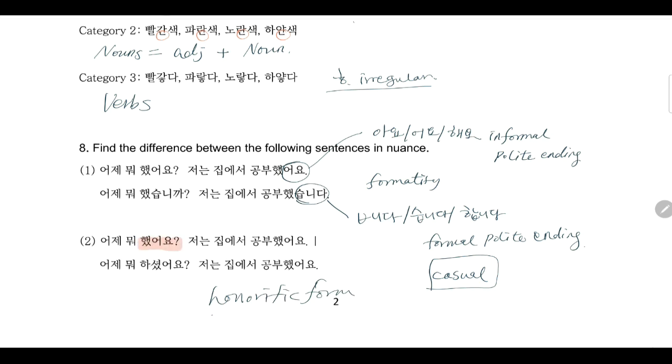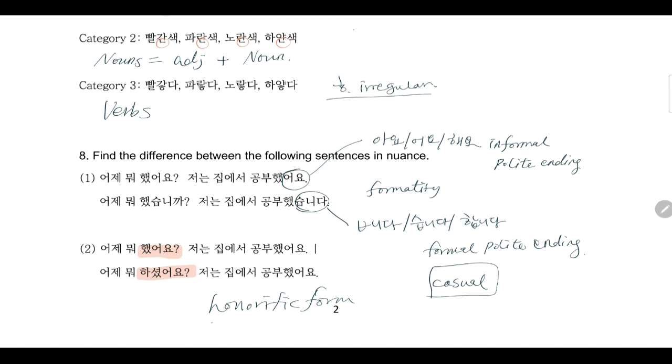Second line. 어제 뭐 하셨어요? 저는 집에서 공부했어요. 하셨어요 bit. This bit. Honorific form. 자, formality is totally different from honorific system. Using formal sentence ending never makes you sound polite, okay? It makes you sound formal. So it's all about the settings.